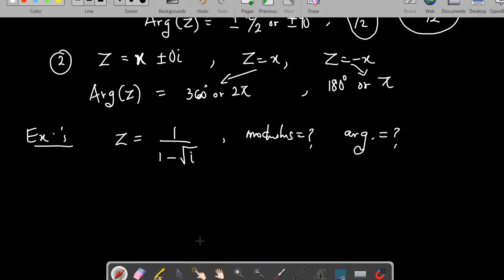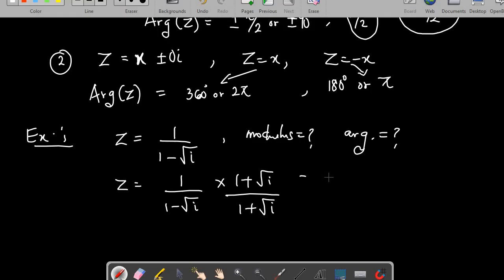of this complex number. Okay, now the first thing you want to do is rationalize this. This is a complex number that has a form of division. So if you rationalize this, you have times 1 plus root i over 1 plus root i. This will be equal to 1 plus root i over 1.